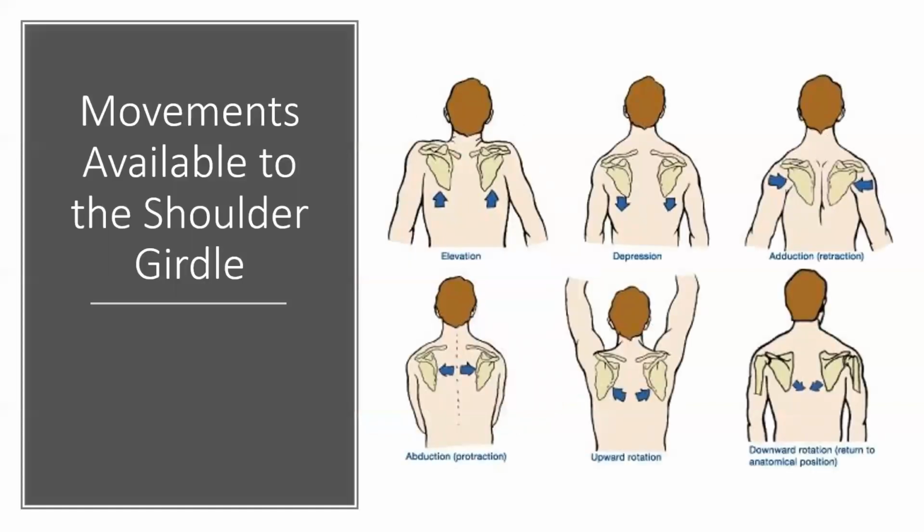Our movements available at the shoulder girdle are elevation, where the scapulae move superiorly against the thorax; depression, which is the opposite of elevation, where the scapulae move inferiorly along the thorax. Scapular adduction is the same as scapular retraction, where the scapulae move medially along the posterior aspect of the thorax, moving the medial border of the scapula towards the spine.